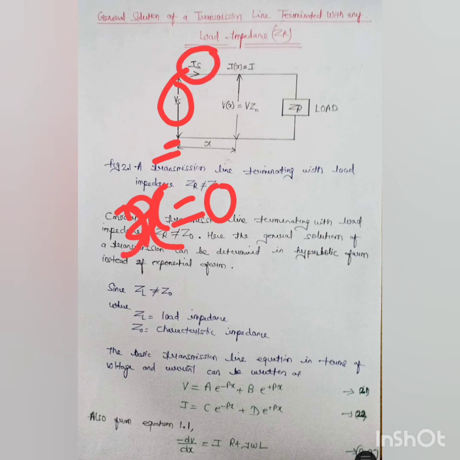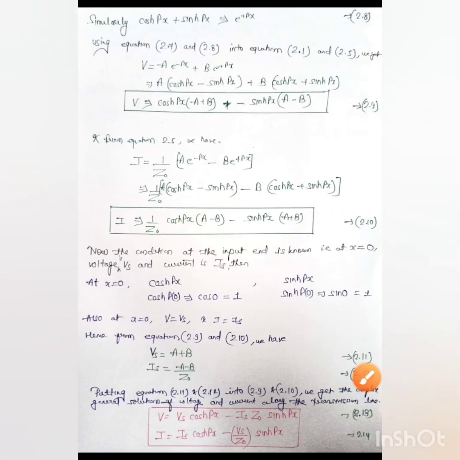The distance x starts from 0 here, and here the distance is x equals some value. So we have taken the voltage at the sending end as Vs and the current as Is, and that sending end point is x equals 0.